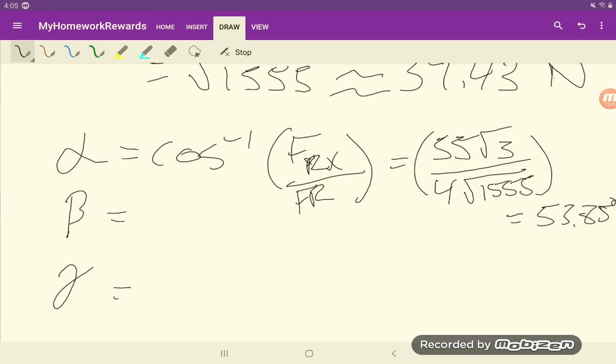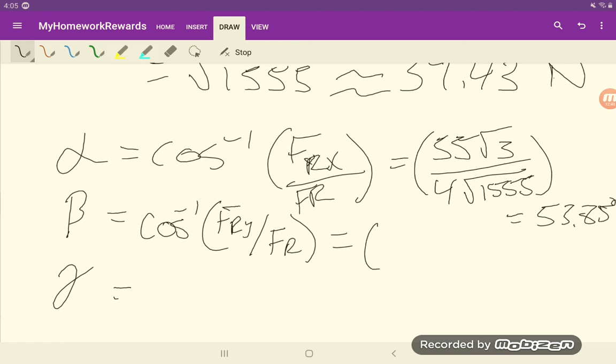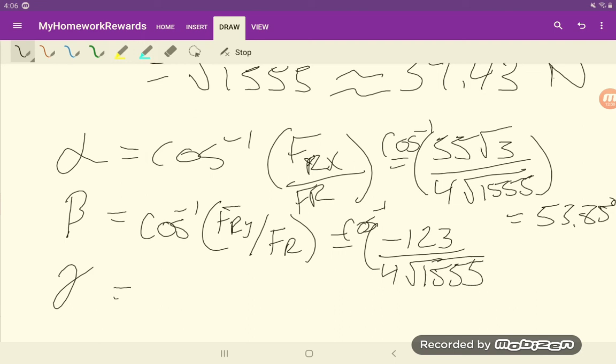Try to calculate beta and gamma using the same methodology. For beta, we're going to use cos inverse of the y component over the whole force. This will give us 141.2 degrees.